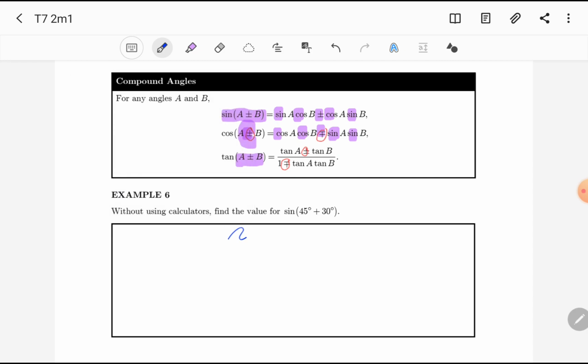Without using calculators, find the value of sin 45 plus 30. Maksudnya kita kena guna compound angle formula. Bukan senang-senang tekan calculator dapat terus.